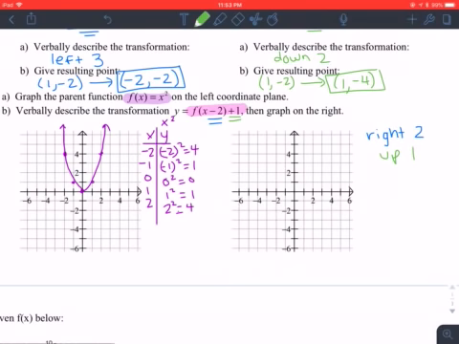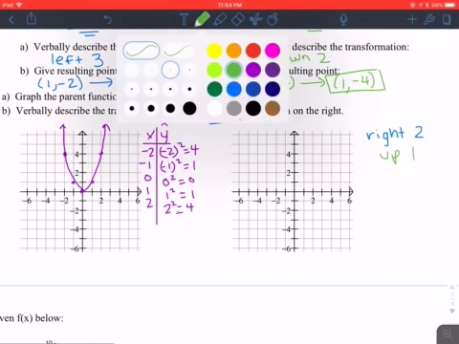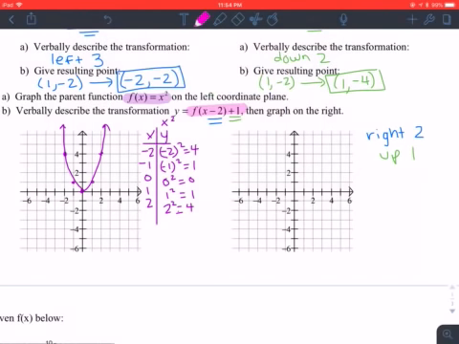So we're going to take each of those points, move it right 2, up 1. Starting at the origin, 0, 0, move it right 2, and then up 1. Then at that point 1, 1, let's move it right 2, up 1.